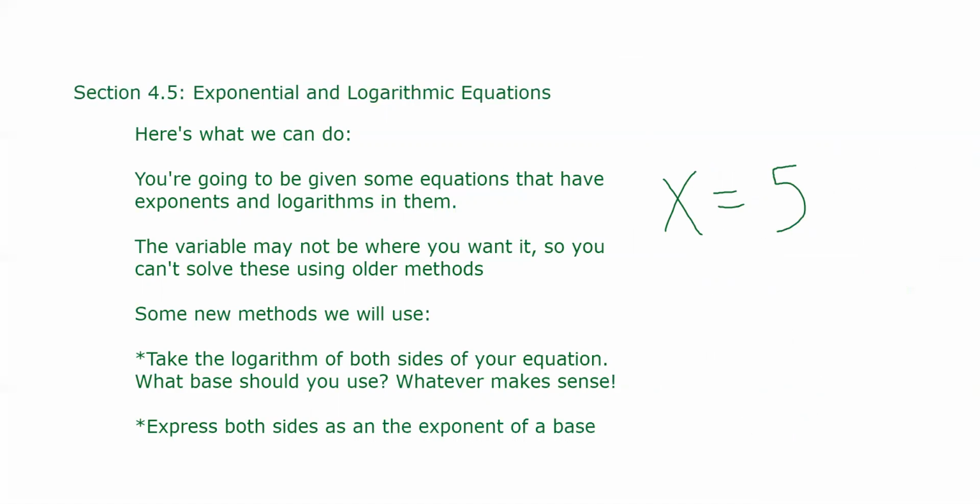What I could do is say that x and 5 are both the exponents of some other number. And suddenly I've thrown them into the exponent of something, and I have to use the same number on both sides. In this case, I used 7 because I just picked a number out of my head.